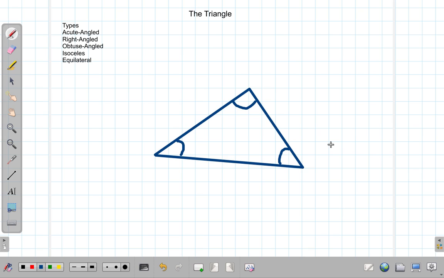Now, you have various types of triangles. We're going to look at the 5 main types of triangles.